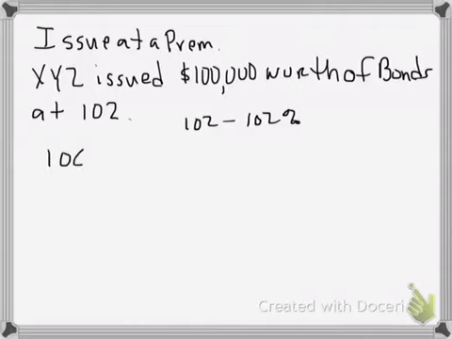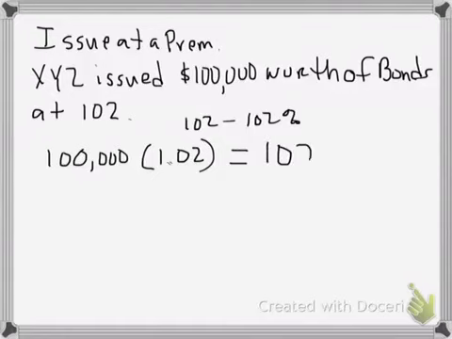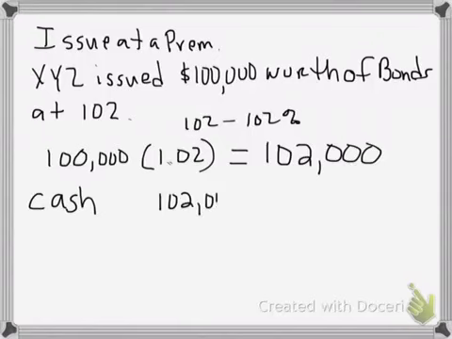So we would take 100,000, multiply it by that 102%, which translates into 1.02, and that means that we are going to actually issue these bonds out at $102,000. So the cash that we are going to be receiving is going to be $102,000.